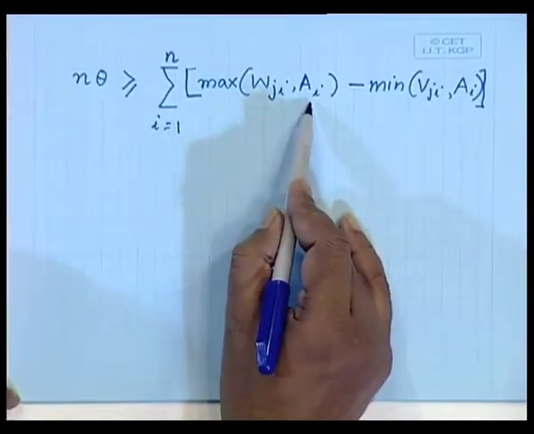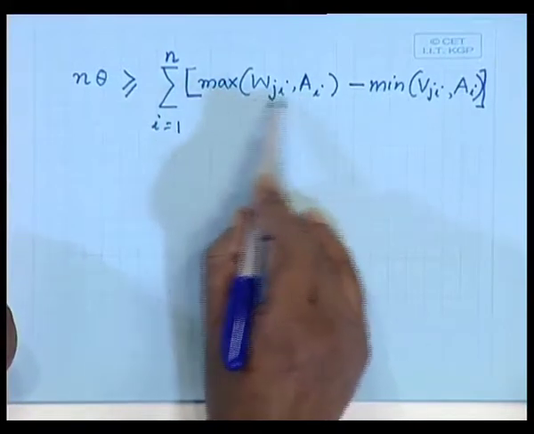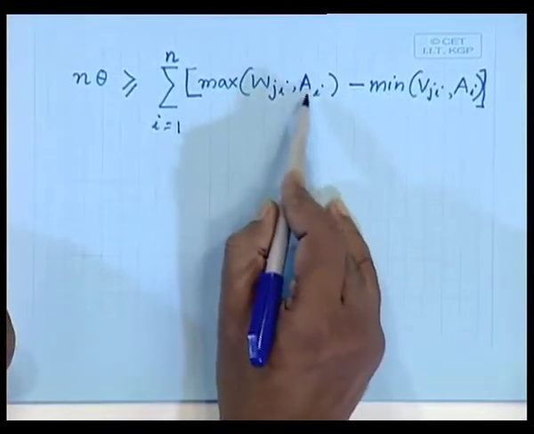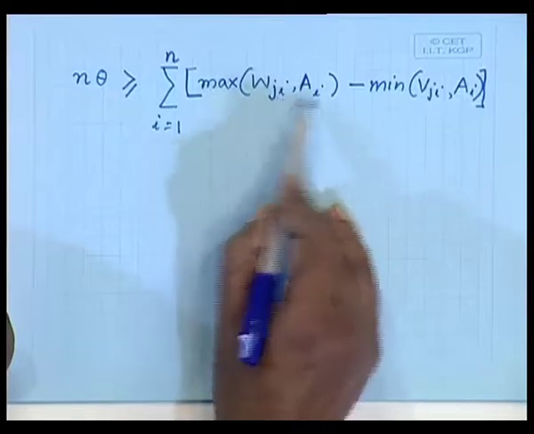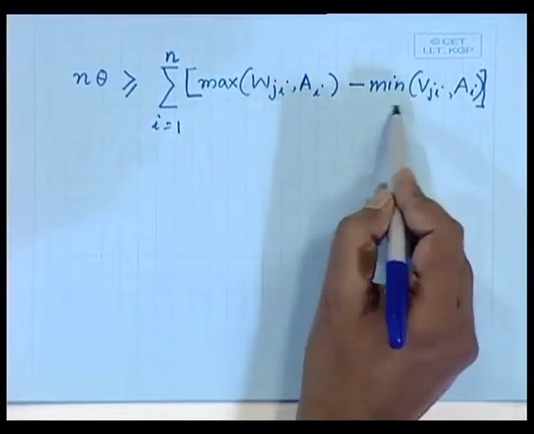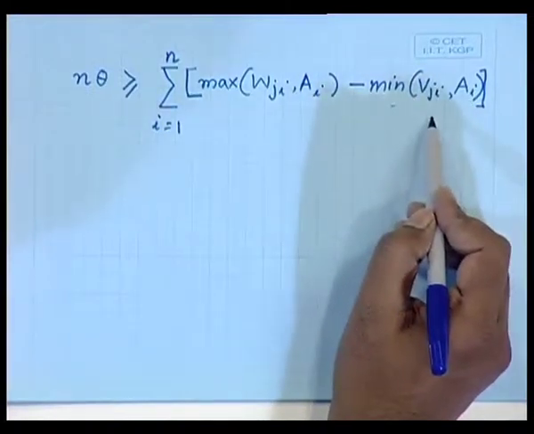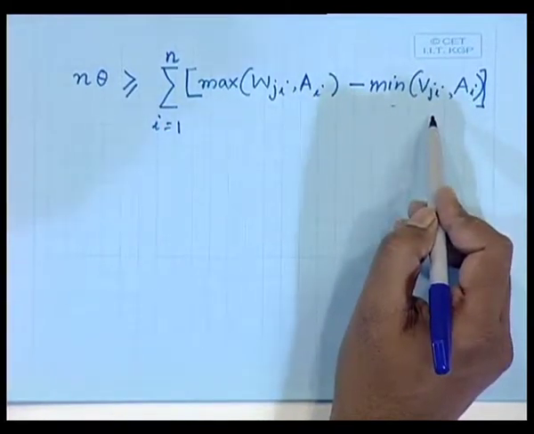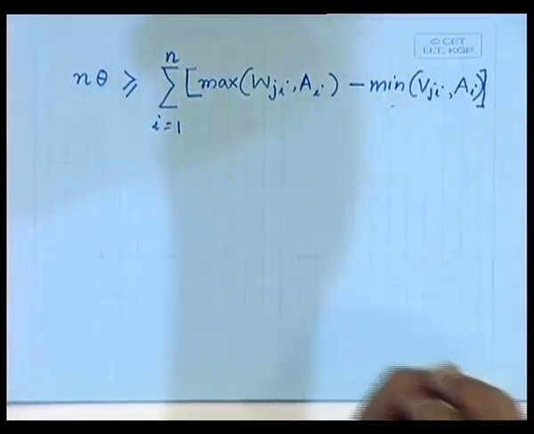So, the new max point in the ith dimension will be the maximum of these two, assuming the max point is going to shift to ai. The maximum of these two represents the new max point and the minimum of these two represents the new min point. The difference between the min point and max point tells you the spread or width along the ith dimension.